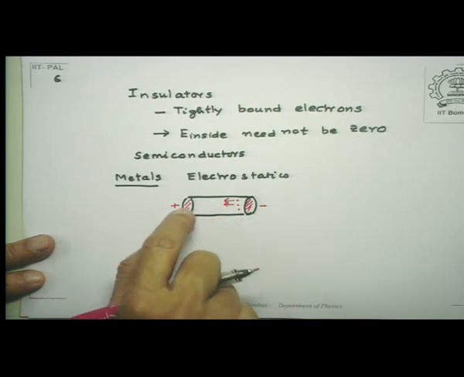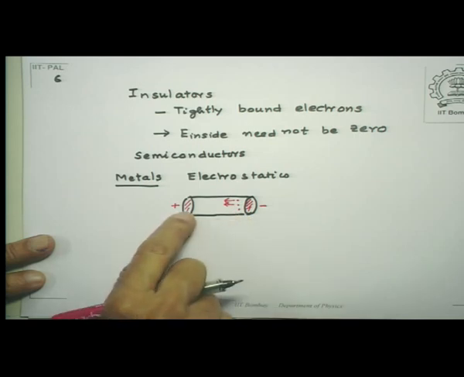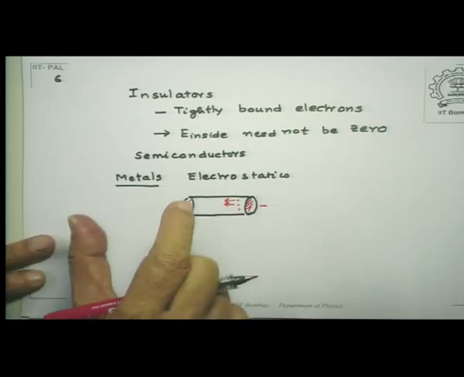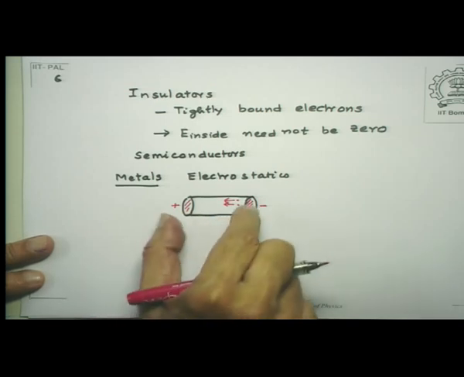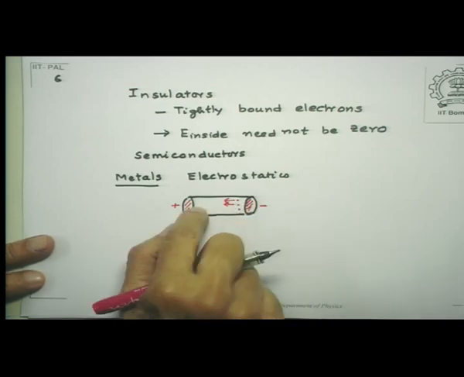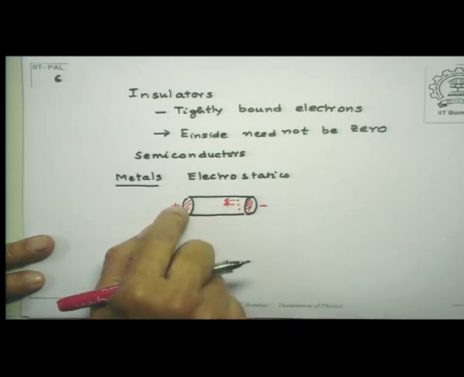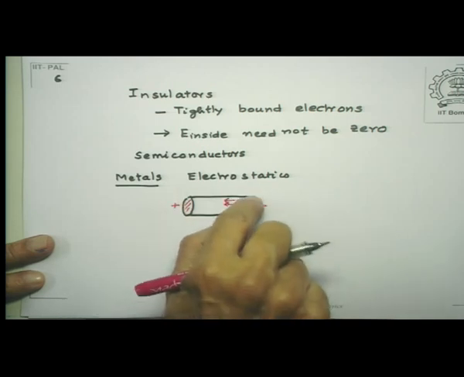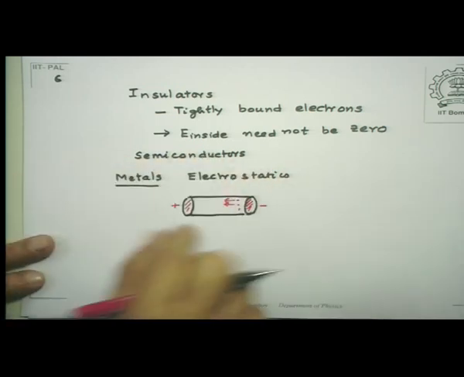Initially, because one end had a positively charged plate and the other end a negatively charged plate, I had essentially created an electric field. But if this is a good conductor, as soon as this happens, the positive plate will attract the electrons, and as a result the negatively charged nature of the other plate will disappear, and the motion of the electrons inside would soon stop.